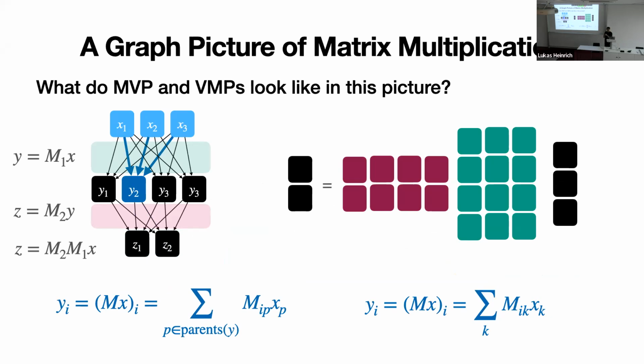So when it does a matrix vector product here, it will not use the matrix multiplication definition of a matrix vector product. It will use the graph-based definition, but it's the same thing. And then you can do the same type of game.